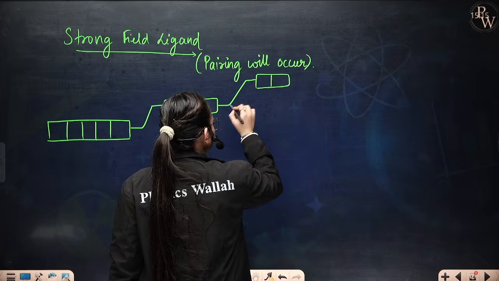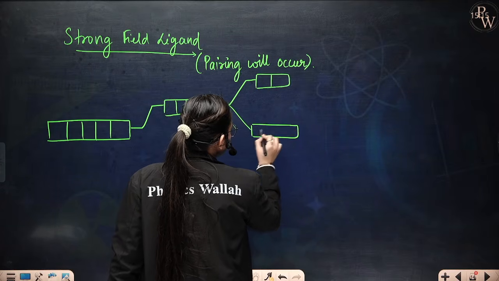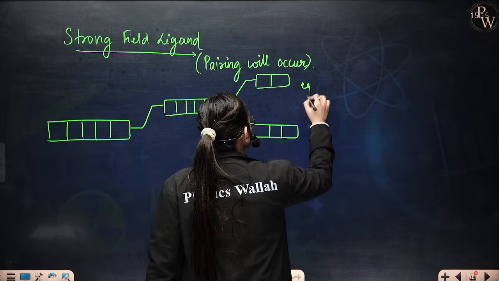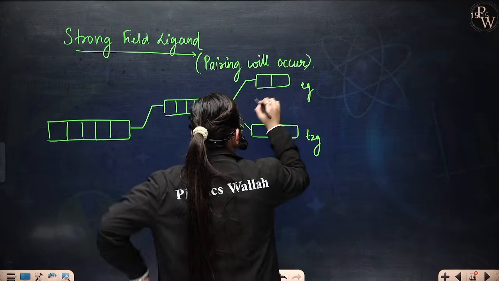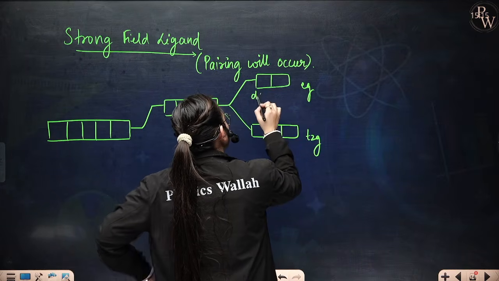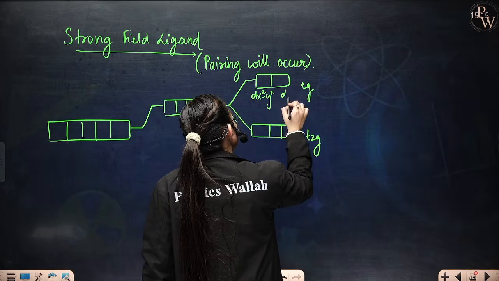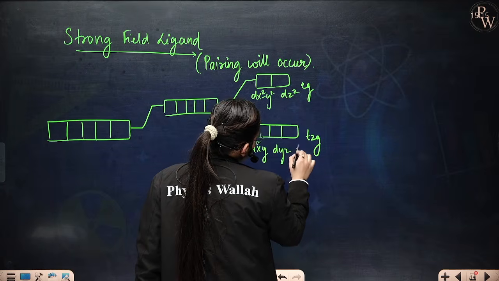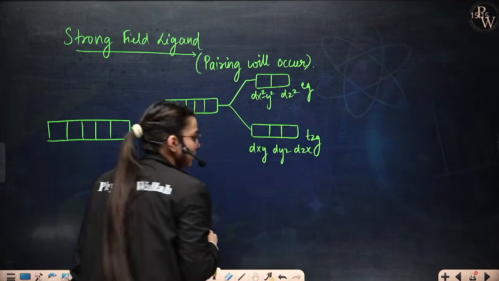The EG ones will have more energy in comparison to the T2G ones. These are the EG ones, and this is the T2G one. This is dx square y square and dz square, and this is dxy, dyz and dzx respectively. Am I right?